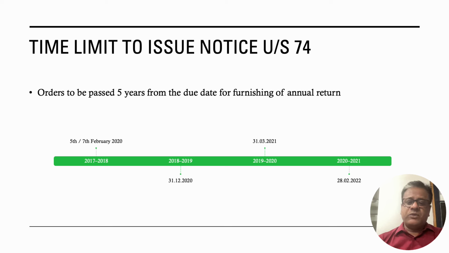So first and foremost, check under what section the notice is issued and deny the allegations under 74 straight away, because if the allegations under 74 itself are not valid, then the whole notice fails and there is no requirement for you to give the details they are asking for, because the notice itself is null and void. So please bear in mind, keep this in mind and check under what section the notice is issued.